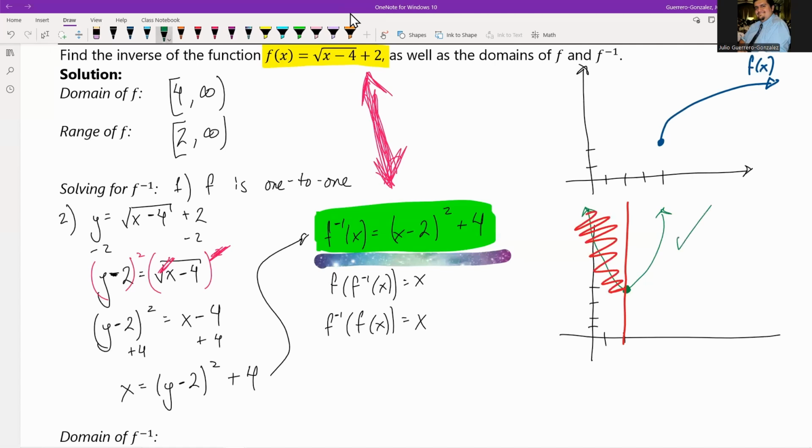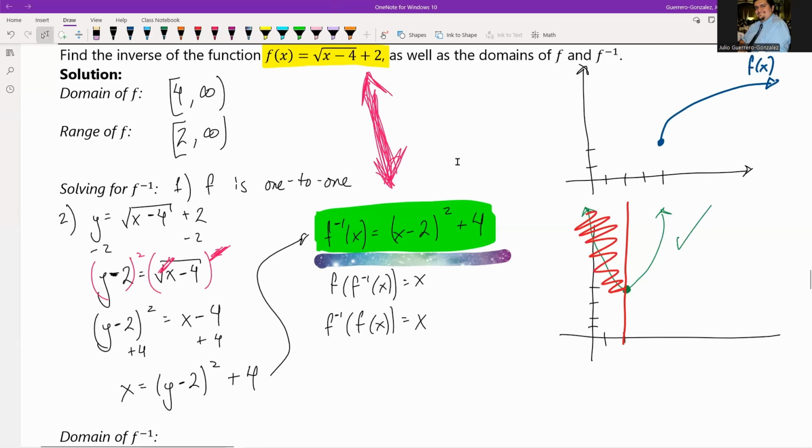Okay. Got it? So by doing this, now we do have f inverse being 1 to 1. What we say here is that we are restricting the domain of f inverse so that I do have a true inverse of f of x, so that both satisfy the definition of an inverse.